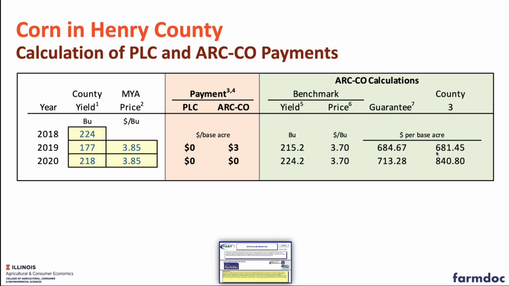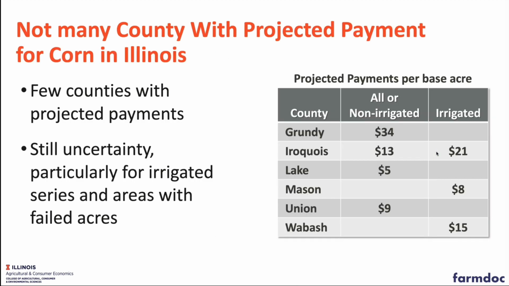All right, if you do that, here are the counties where we see payments for ARC County for 2019. So Grundy County has a $34 payment on all our non-irrigated.